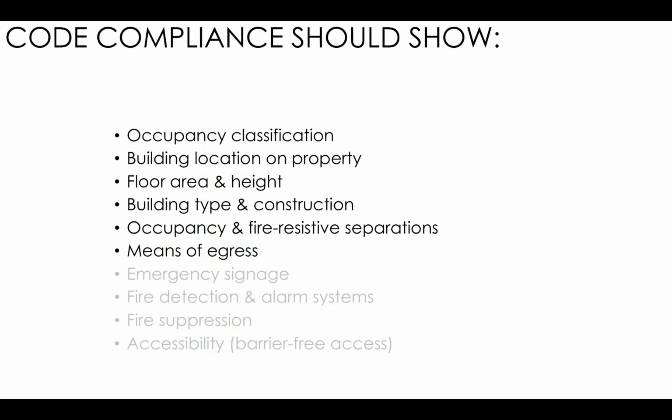So for us, early on, there's certain basic information that we're going to need to know, and we're going to do this in class. First of all, occupancy classification. So what type of project is in there? Is it business? Is it educational, or what? And then you'll want to figure out where the location is.